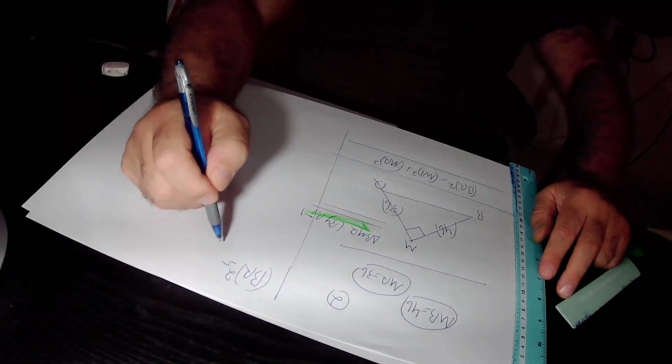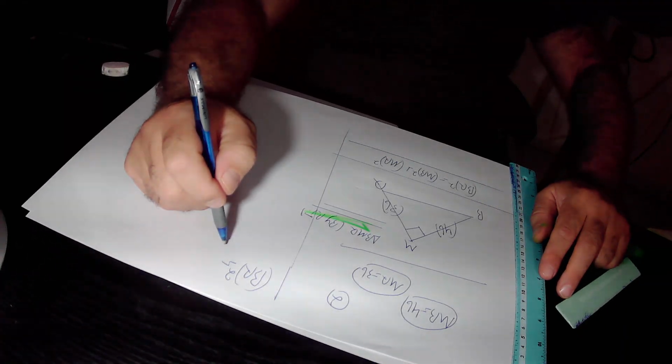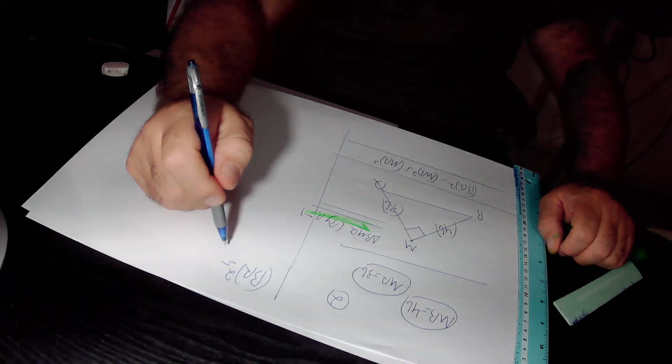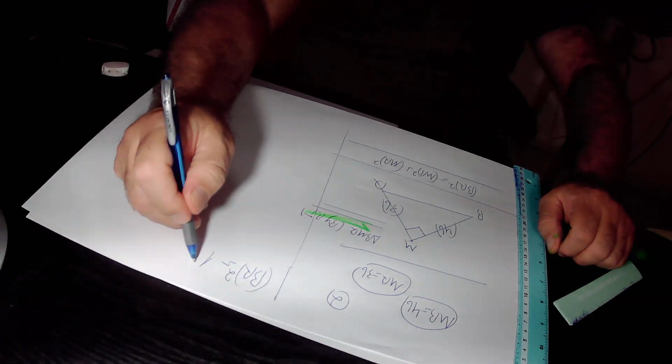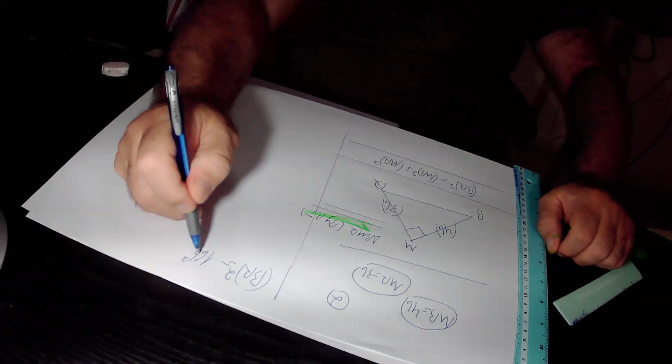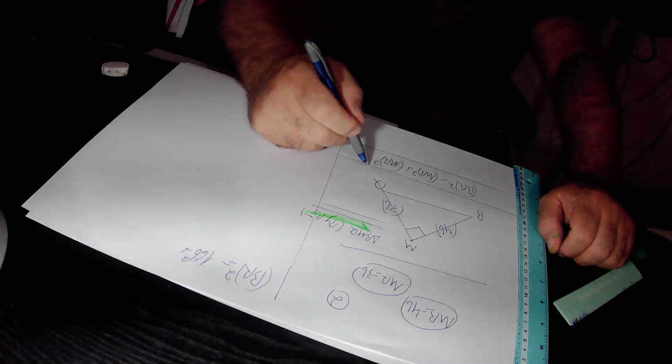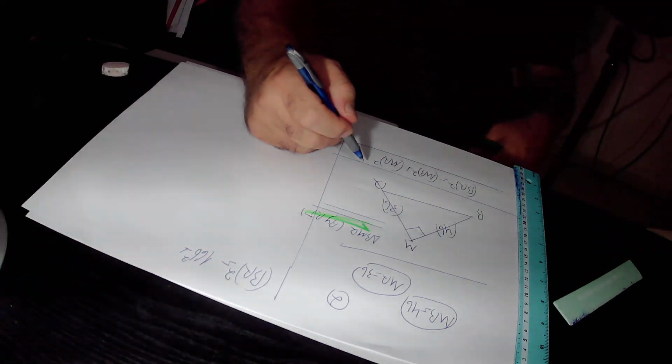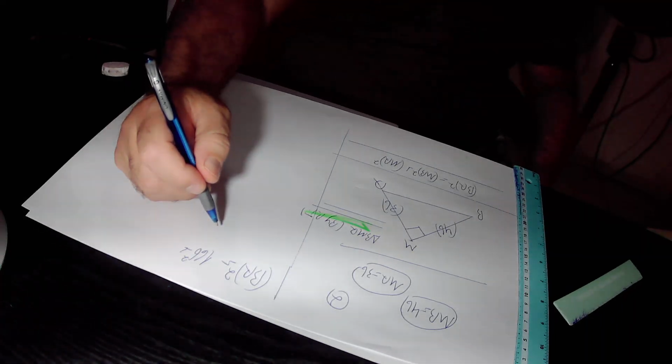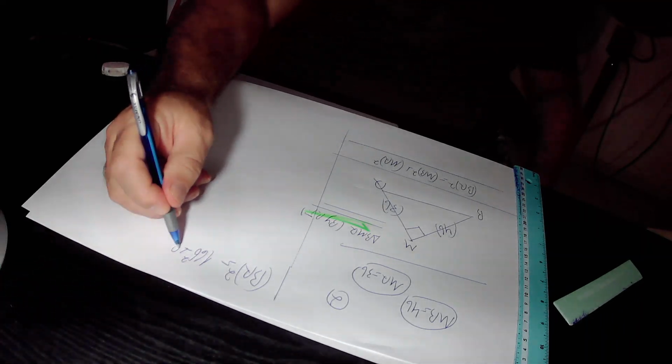BQ squared equals MB squared. MB is 4B, therefore MB squared is 4B squared, that is 16B squared, plus MQ squared. MQ is 3B, therefore MQ squared is 3B squared, that is 9B squared.